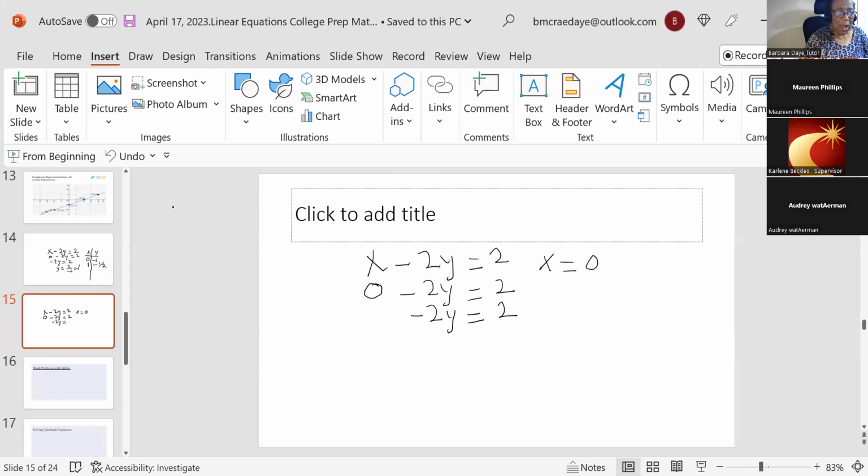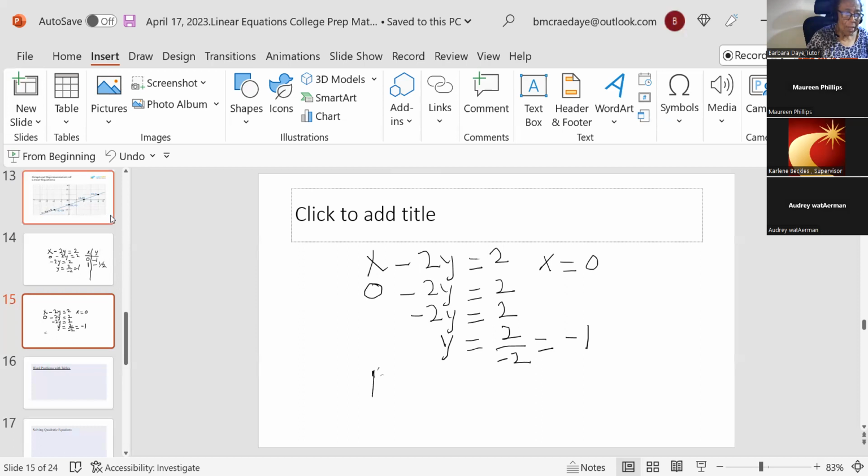Then to solve for y, you divide both sides by minus 2. So y would be equal to 2 divided by a minus 2. And what do you get when you divide unlike signs? You get a negative. So that'd be minus 1. You got it? Now do the same when it's a 1. Suppose X is a 1. So let's put here 1. X is a 1.